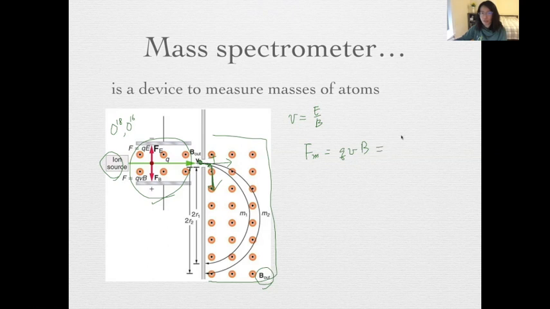So it's going to make this particle go in a circular motion, to change the direction of this particle. So the centripetal force is the force which can make a circular motion.